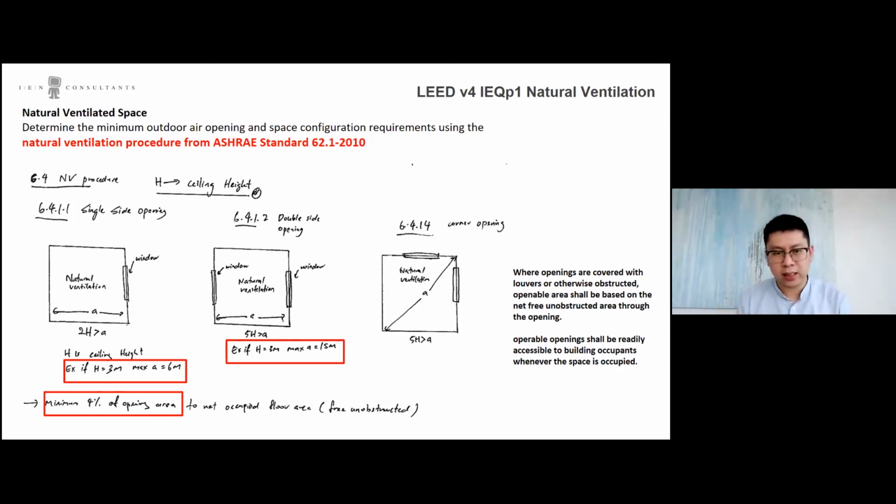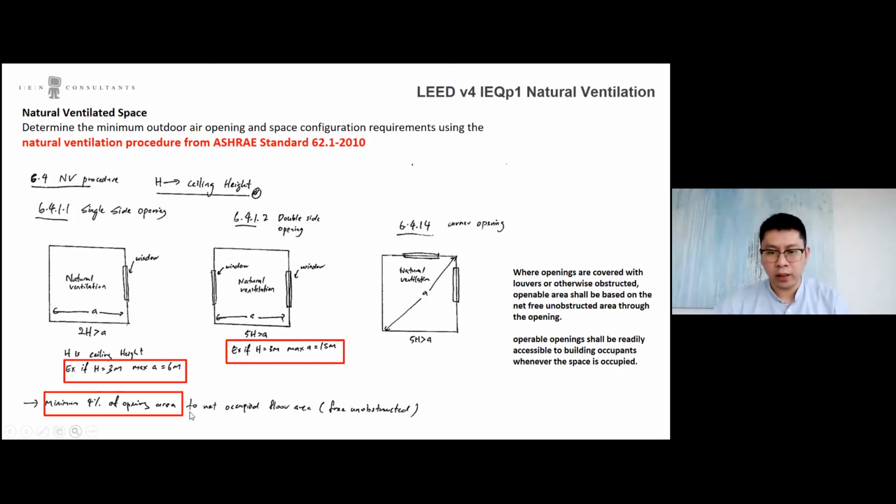In this case, there are 3 cases of opening for natural ventilation. First, if you look here, this is the opening, you only have one side of opening. Second, you have two sides of opening. And third case, you have a corner opening.